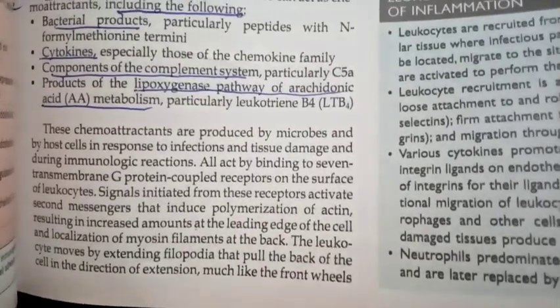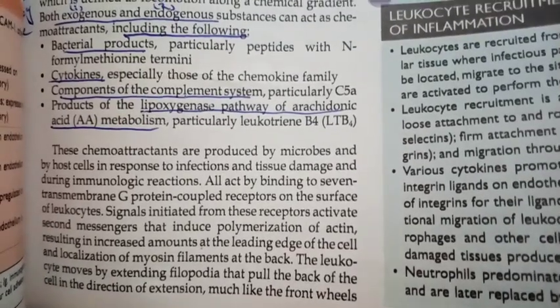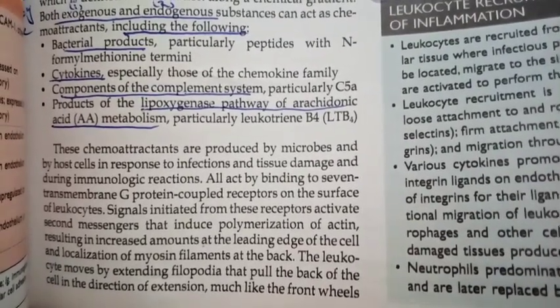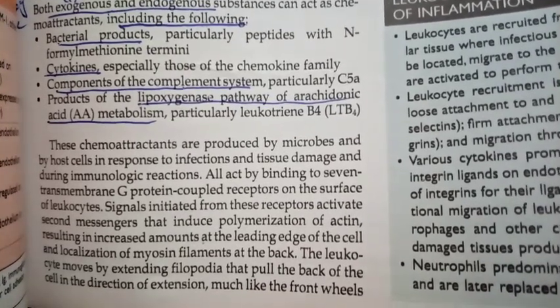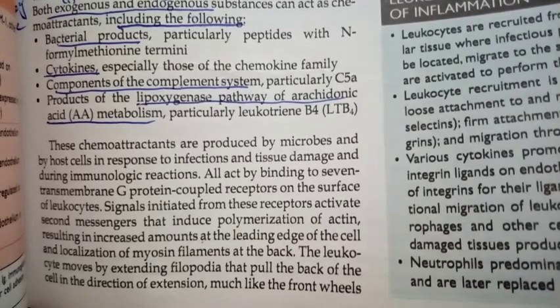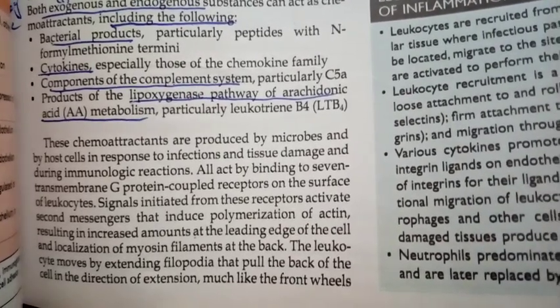These chemoattractants are produced by the microbes and by host cells in response to infection and tissue damage, and during immunological reactions, and act by binding to 7-transmembrane G protein-coupled receptors on the surface of leukocytes.